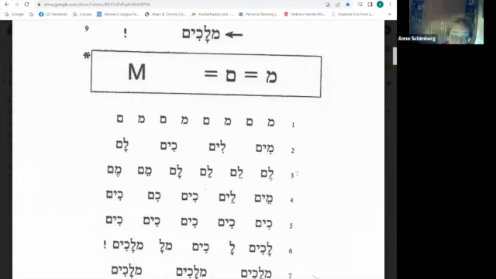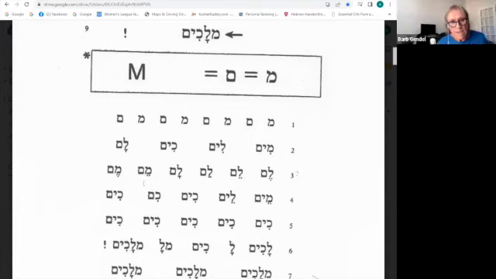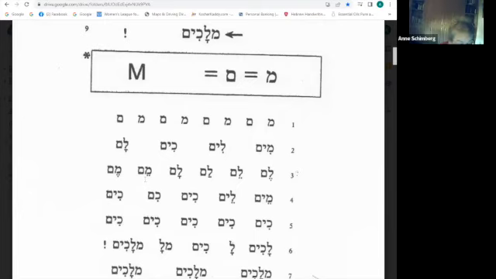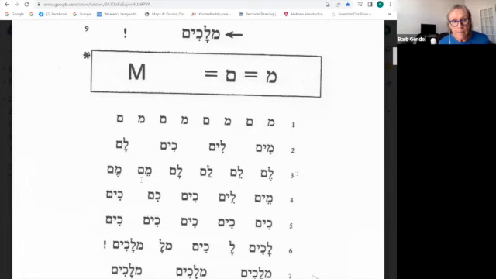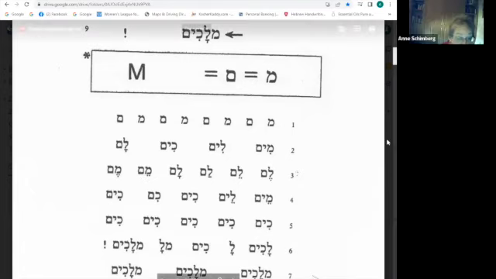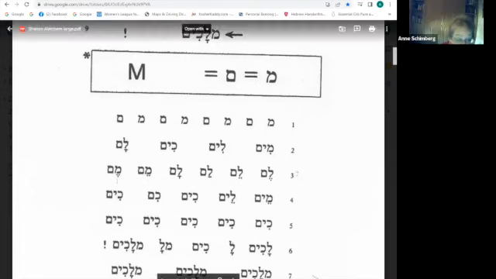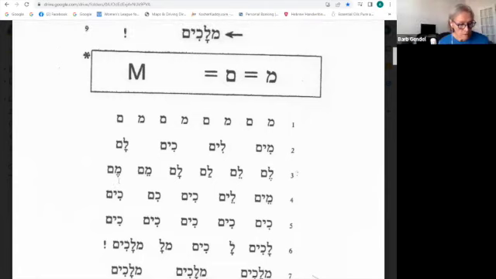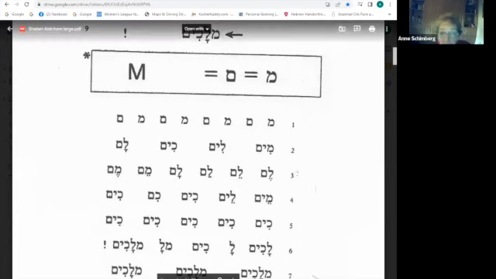Lam. Good. And this? Lam. Mim, no, 2 dots. 2 dots is mame. Good. And then this one? Mem. Yes. Okay, great.